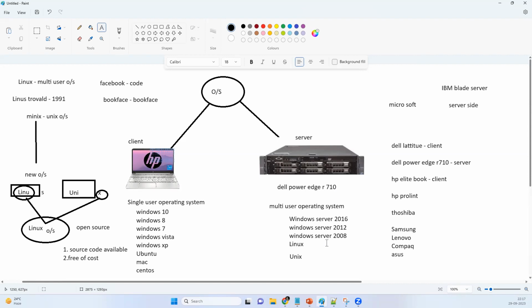Tomorrow you will get a picture about the Linux OS, who took that source code and created the OS, and what the OS names are. We'll give you a brief picture about the server and why we need a server, why we need the Linux OS, and on which servers we deploy our application. And why Linux is popular, guys, I will tell you tomorrow.